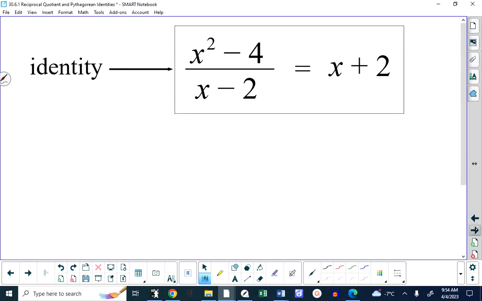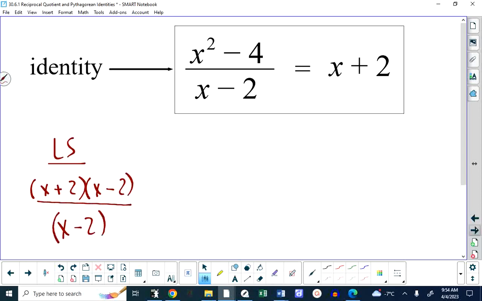I want us to look at this. If you go back to Math 20-1, the left-hand side of this can be written as (x + 2)(x − 2) over (x − 2). The right-hand side of this, which is not in your notes, is x plus 2. Are these the same thing? Well, not really.